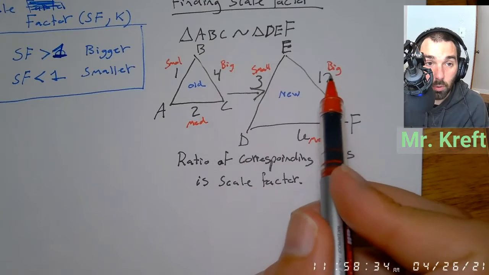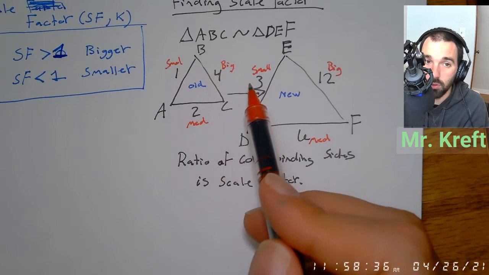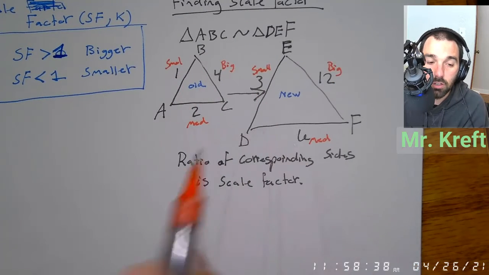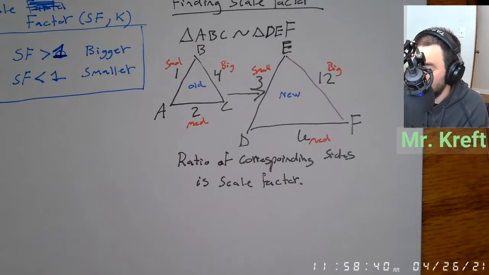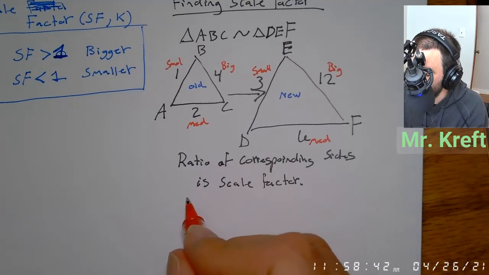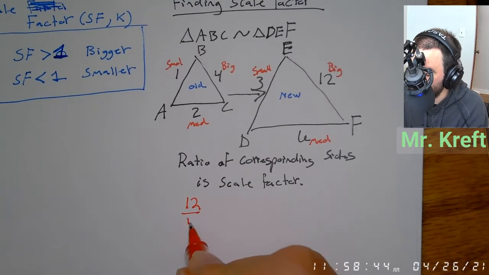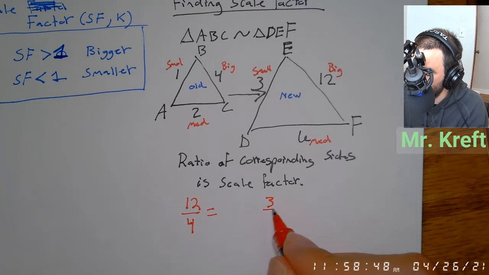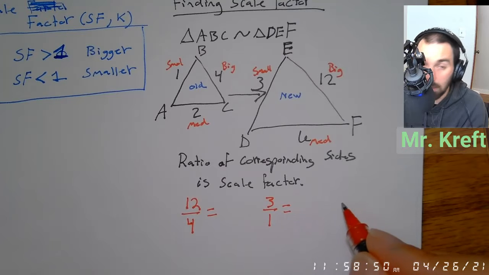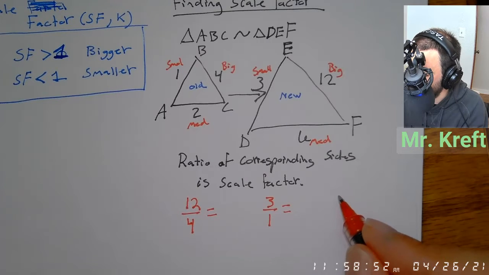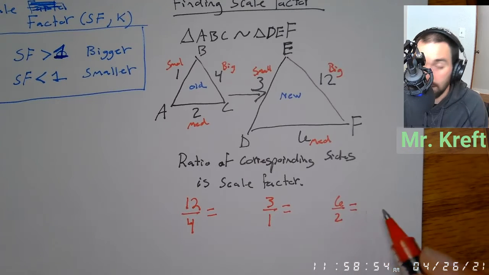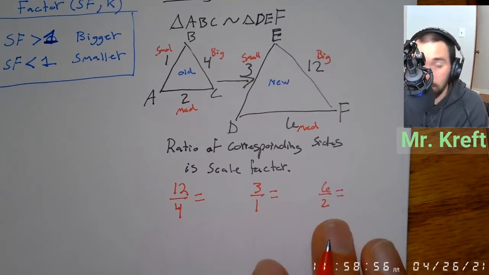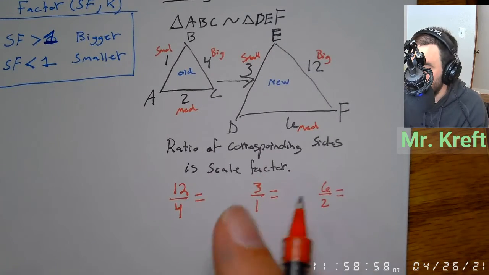So then I know big should correspond with big, small with small, and medium with medium. If I do new over old, I get 12 over 4, the small is 3 over 1, and the medium is 6 over 2. Now we're going to want to simplify all of these.